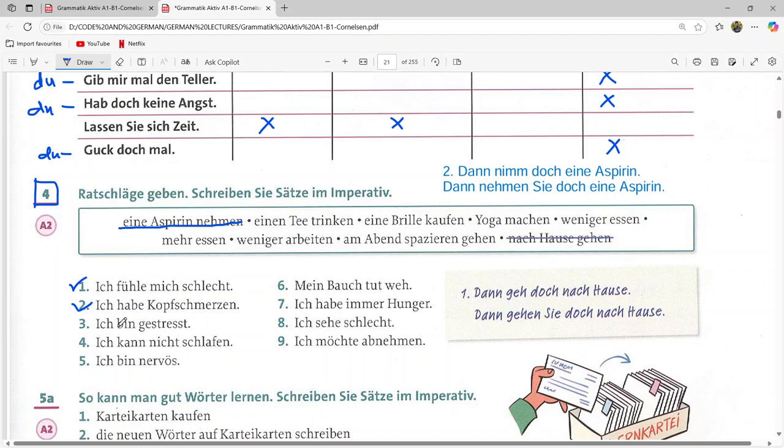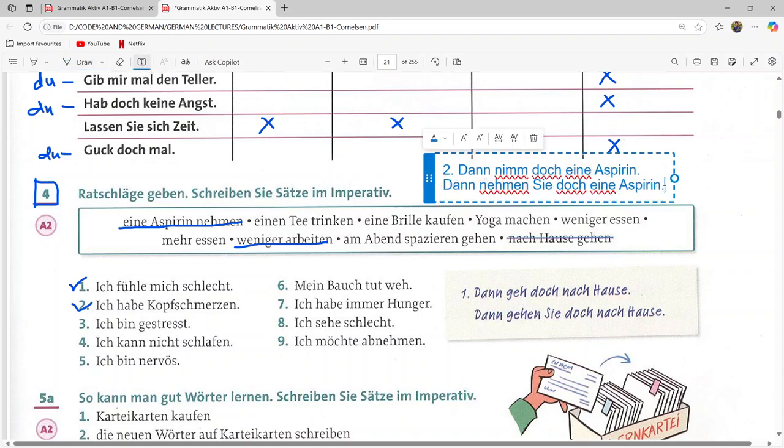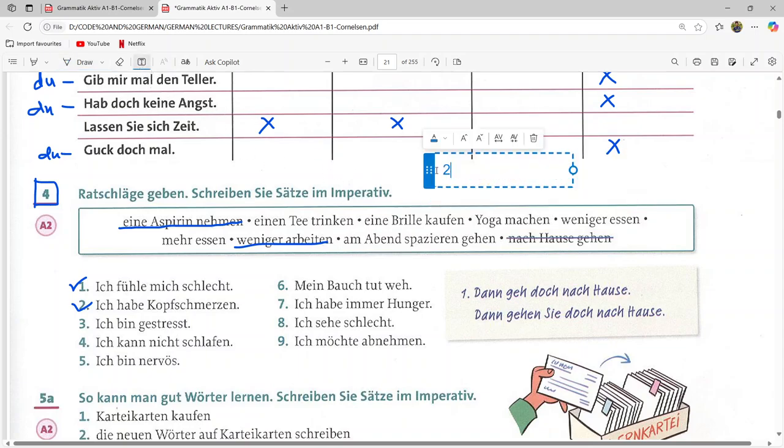Okay, so in this way we can write. Next one, "Ich bin gestresst," I am stressed. So if someone is stressed, then what we can tell him is to work less, right? Work less, "weniger arbeiten." If I write in the du form, then "dann", the verb is arbeiten.